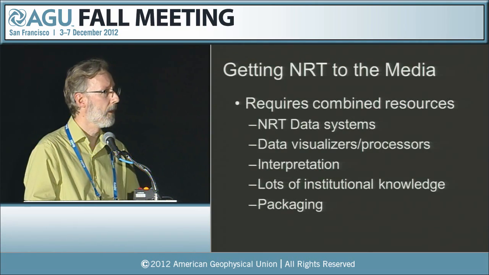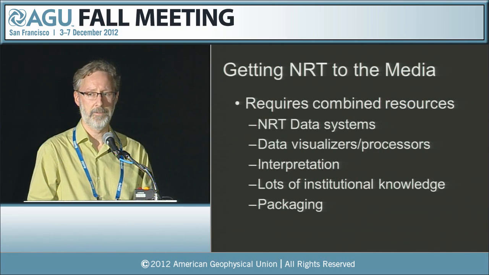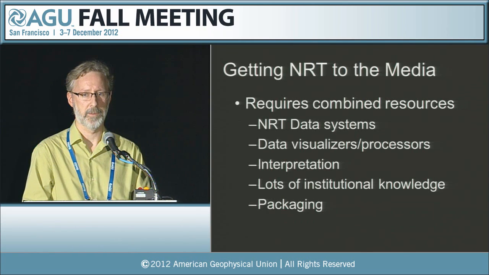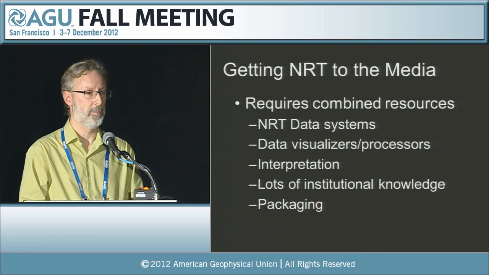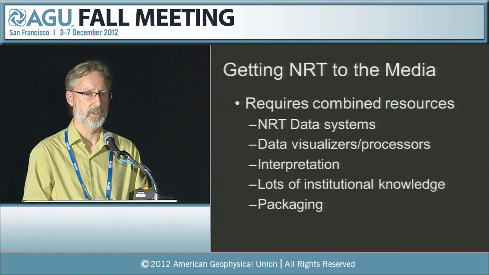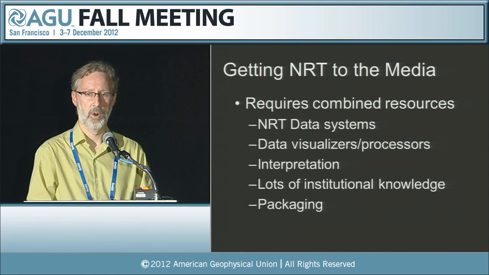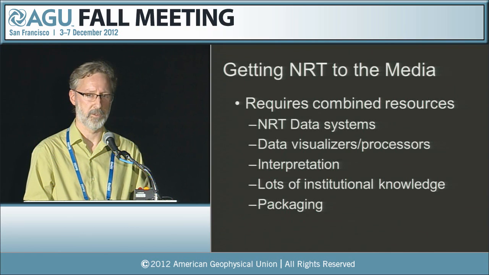So like I mentioned at the beginning, we view near real-time as an ecosystem of practices, because it's not just about the near real-time data systems. It's about a whole process that involves our data visualizers and data processors. It involves a lot of relationships with scientists, or knowing who the content specialists or the event specialists are for a particular type of event that we're trying to visualize.